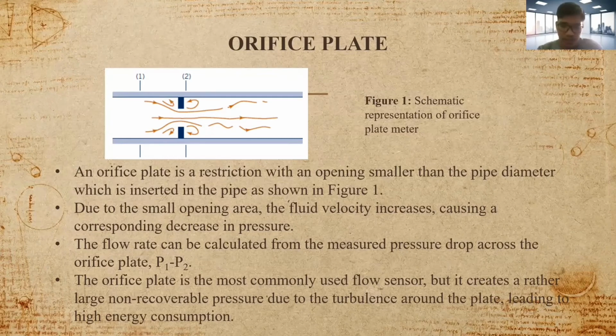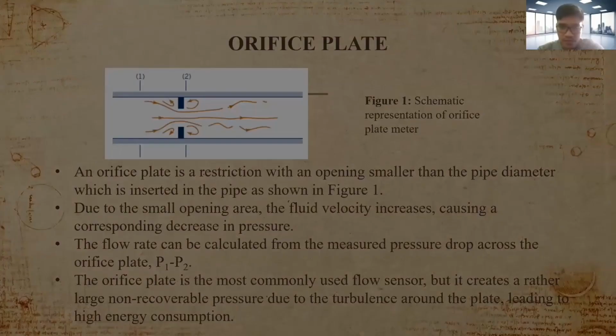The flow rate can be calculated from the measured pressure drop across the orifice plate, P1 and P2. The orifice plate is the most commonly used flow sensor, but it creates a rather large non-recoverable pressure loss due to the turbulence around the plate, leading to high energy consumption.